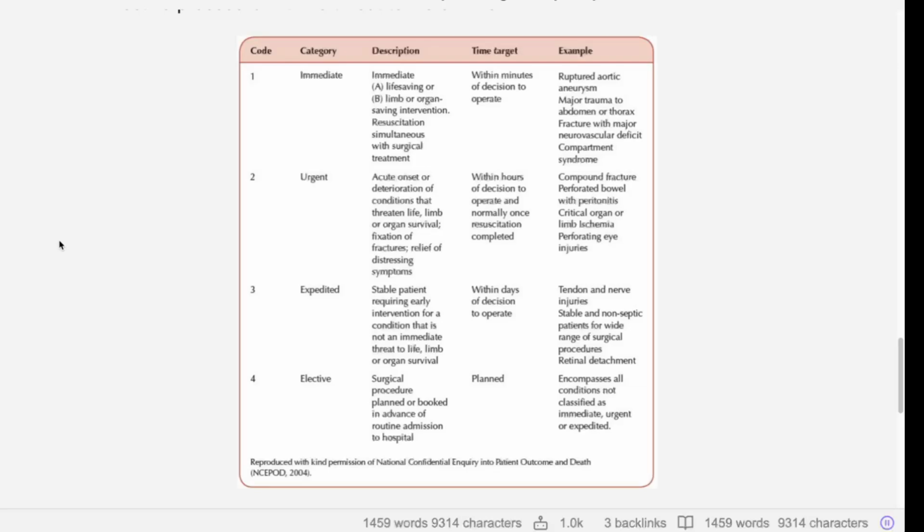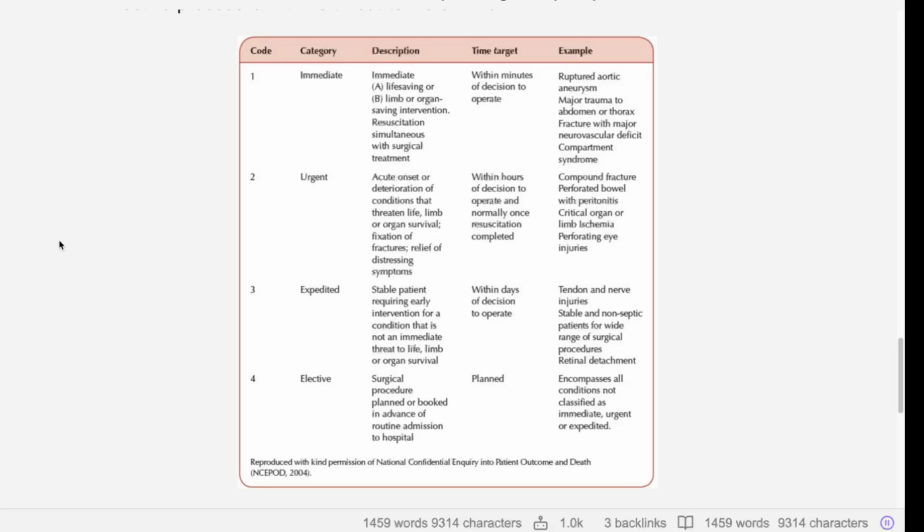That will take priority and will be number 1. So if you have a code 1 from the NCEPOD, it doesn't really matter if the patient is diabetic or not, a child or not a child, this case will need to go within minutes. This case will need to go first on the list after making your decision.